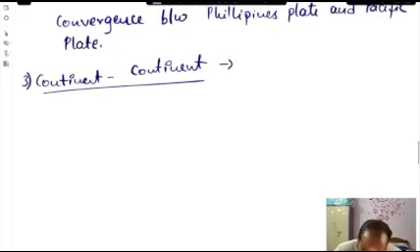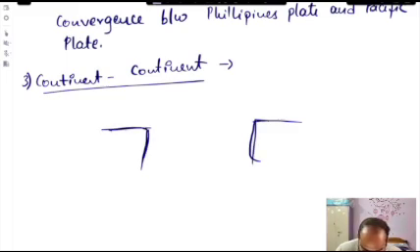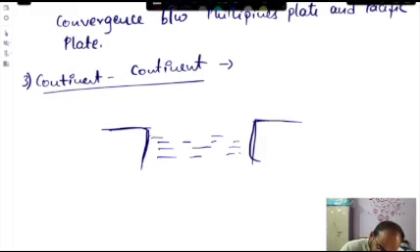It is a continent. In between there is a sea. And what does the sea contain? Sediments from continents. These are sediments.